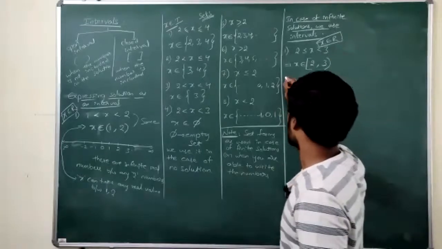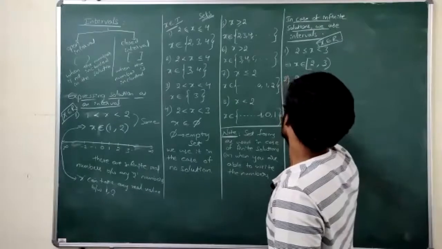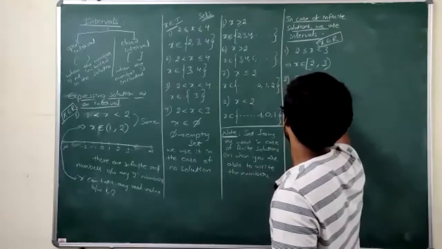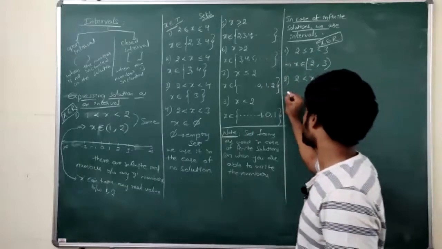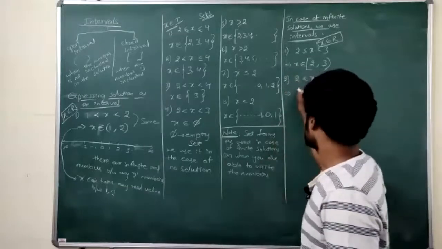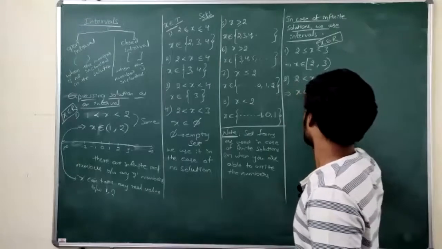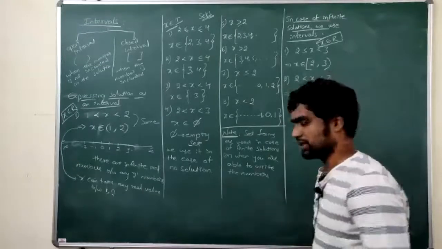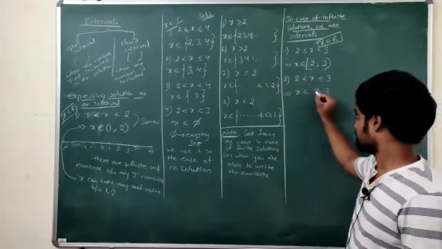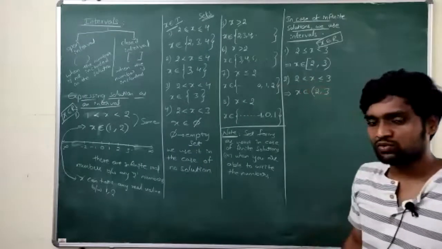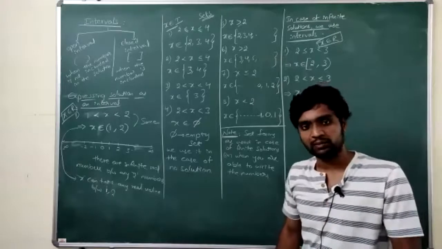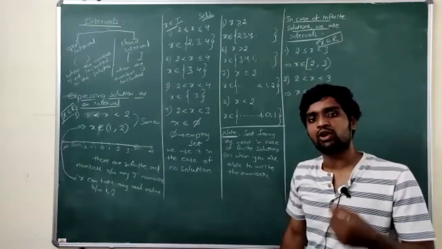Now, I'll give you another one. 2 less than x less than or equal to 3. What will you get? x belongs to, again, write 2 comma 3. Is 2 included? No. Observe this question. Is 2 included? What does that mean? Can the value of x be equal to 2?